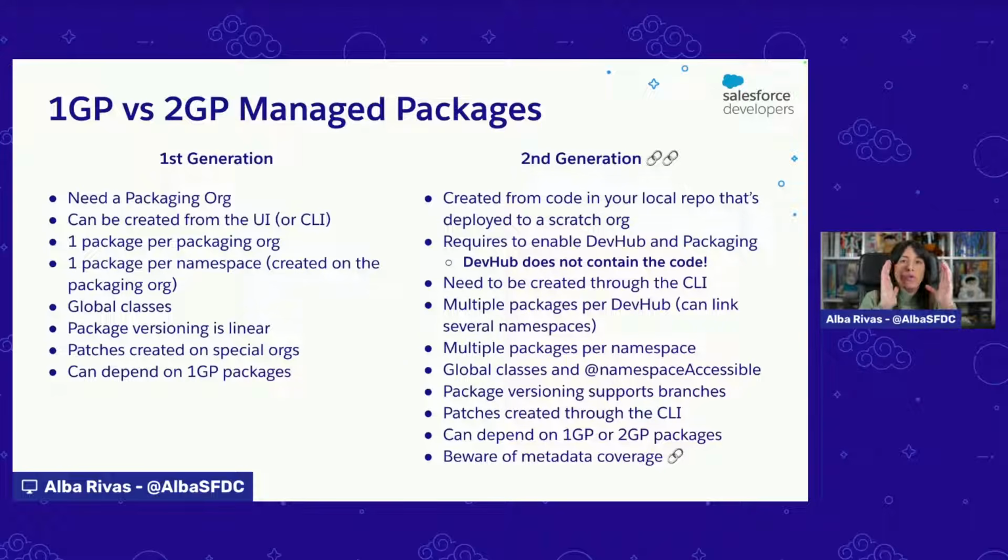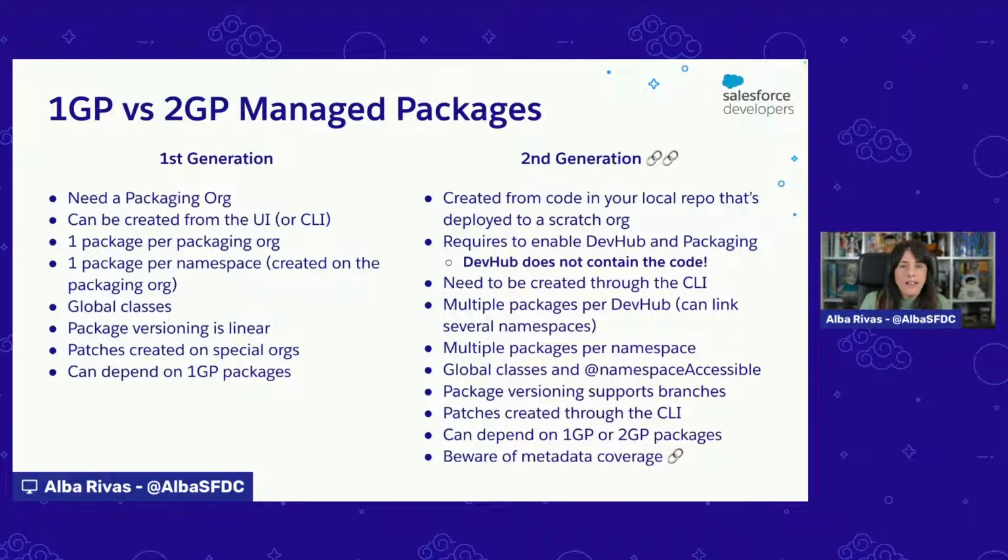Why? Because you need an org that is set up as a dev hub for creating packages. This means that you need to go to the setup menu and activate the dev hub option and also the packaging option. And the dev hub is going to act as a hub, in which you have listed all the packages and their package versions, but no more.